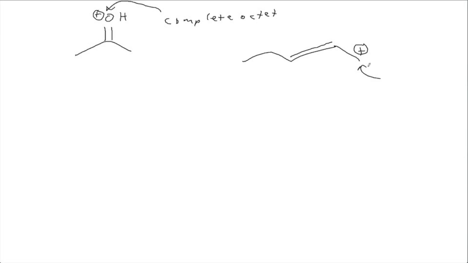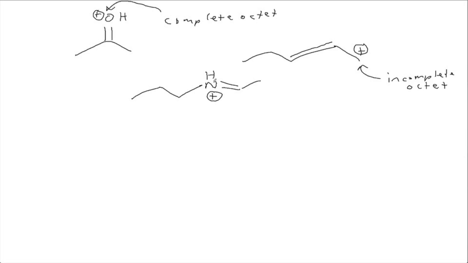So does this atom have a complete or an incomplete octet? Incomplete. Because it's a carbon with a positive charge. Yeah. So this has room for a new bond. Okay. Does this have a complete or an incomplete octet?